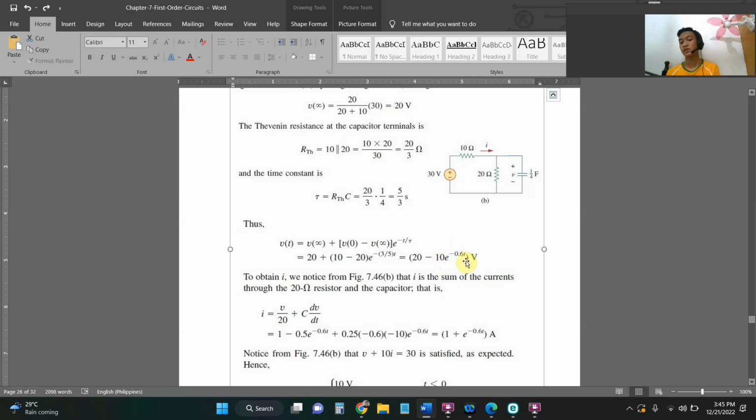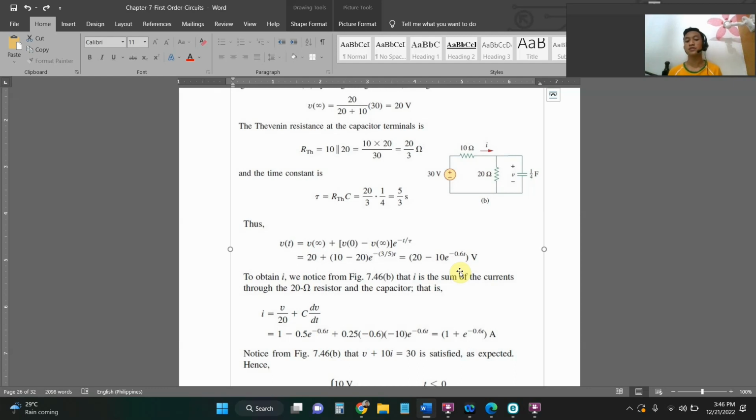To obtain i again, we notice in figure 7.46b that i is the sum of the current through the 20 ohm resistor and the capacitor, as I explained previously. So we have the value of i as v divided by 20 plus C dv over dt.